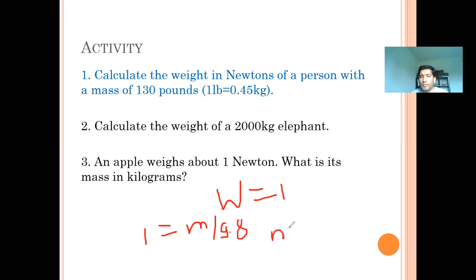So mass is equal to 1 divided by 9.8 kg. This is the mass. What is 1 divided by 9.8? It is 0.102, right?